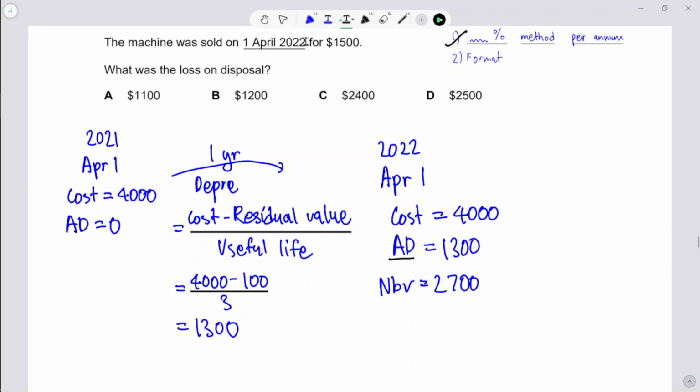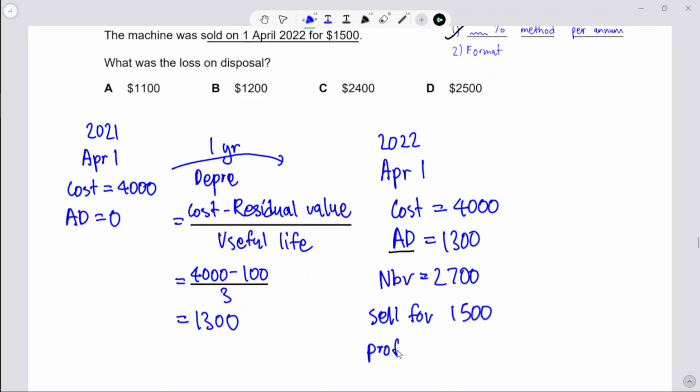On 1 April 2022, it sell for this amount.